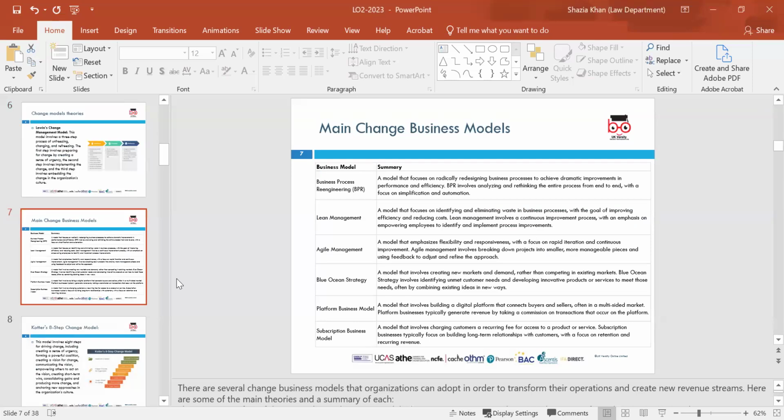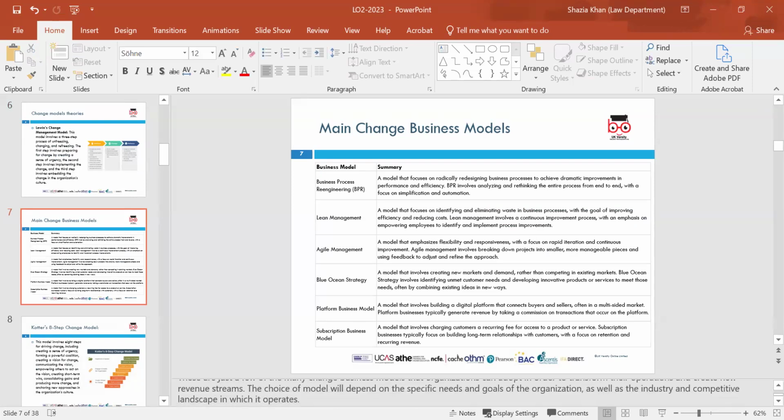Also, there are several changes within business models that organizations can adopt in order to transform their operations and create new revenue streams. And here are some that are in the diagram.